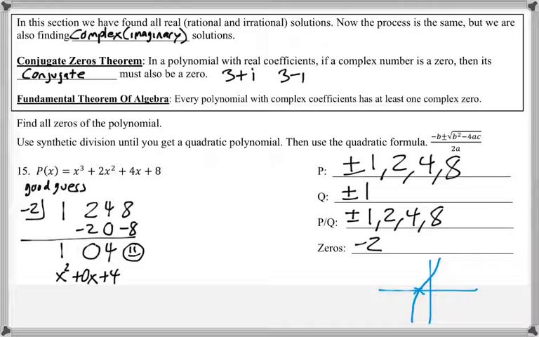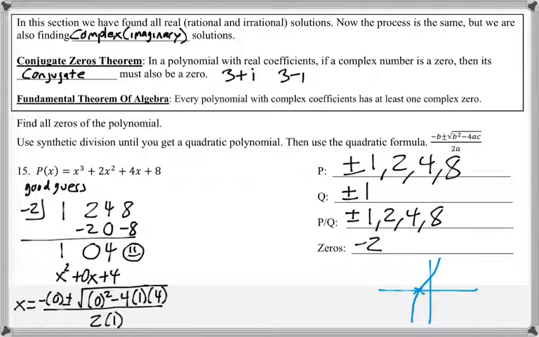So that's going to be x equals -0 plus or minus the square root of 0 squared minus 4 times 1 times 4, all over 2 times 1. If I simplify that, this is just 0, so I don't really care about that. This will be plus or minus the square root of negative 16 over 2.